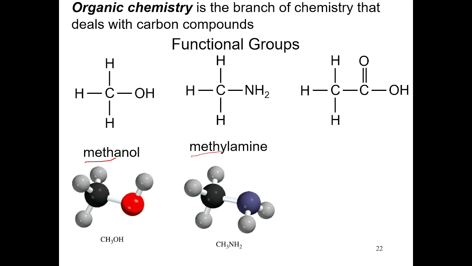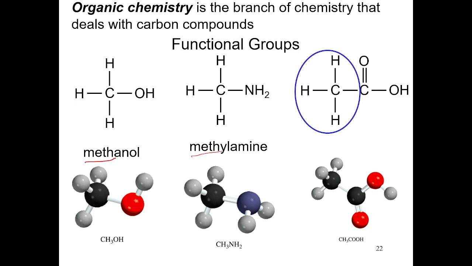So also we have another compound that is somehow related to this too. We have this CH3 group, and we have the COOH. So that is the difference between those three. We have the OH, we have the NH2, and we have the COOH. So this is acetic acid.